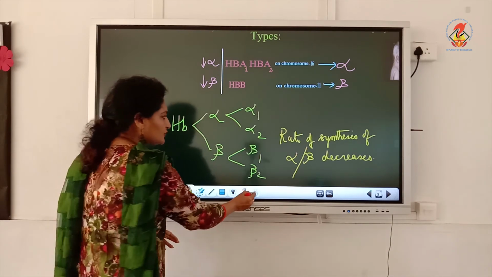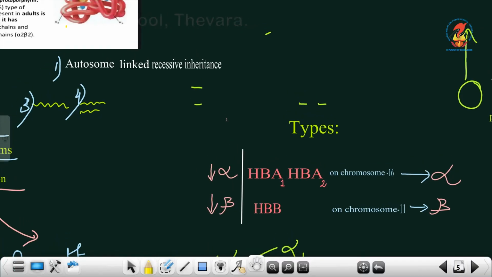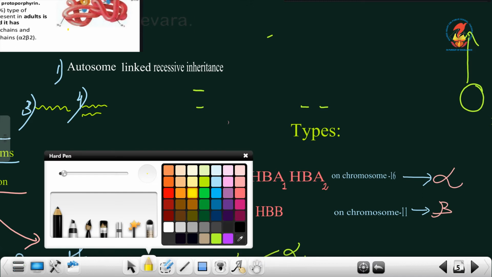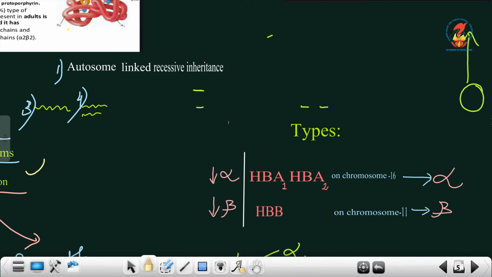So accordingly, there are 2 types of thalassemia. The 2 types of thalassemia, it's easy to remember, are alpha thalassemia and beta thalassemia.